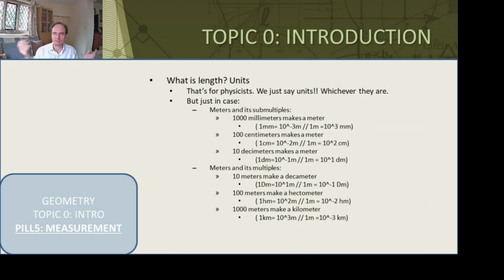This, in fact, is something for physicists. Okay, they like to use different units. Here in geometry, we are going to speak of units, and we imagine some kind of unit upon which we agree, and we call it unit. That's the way we will work here. But nonetheless, you have in this slide the relations between millimeters, centimeters, meters, decameters, etc., just for your information, let's say.